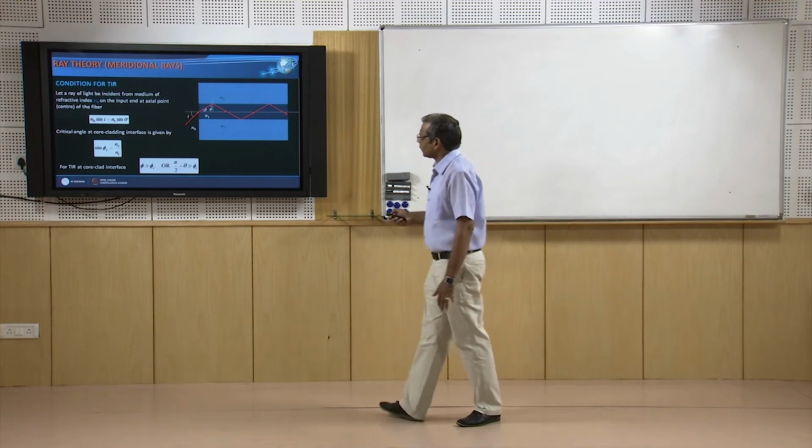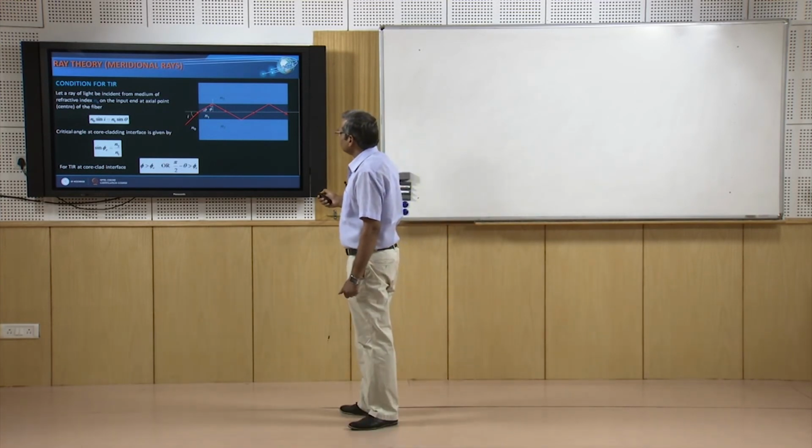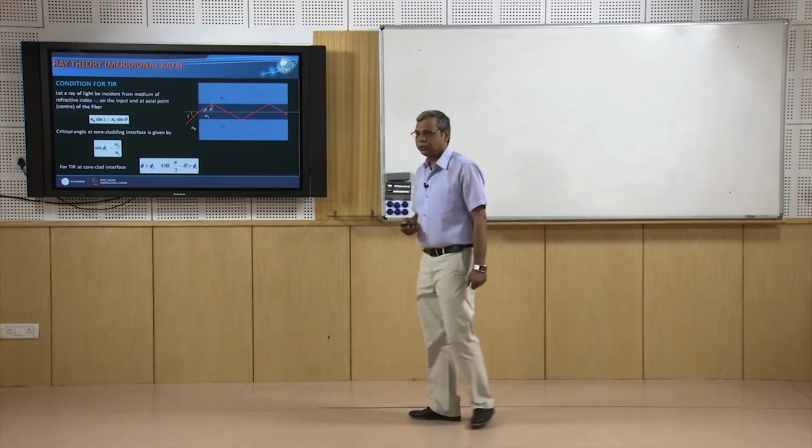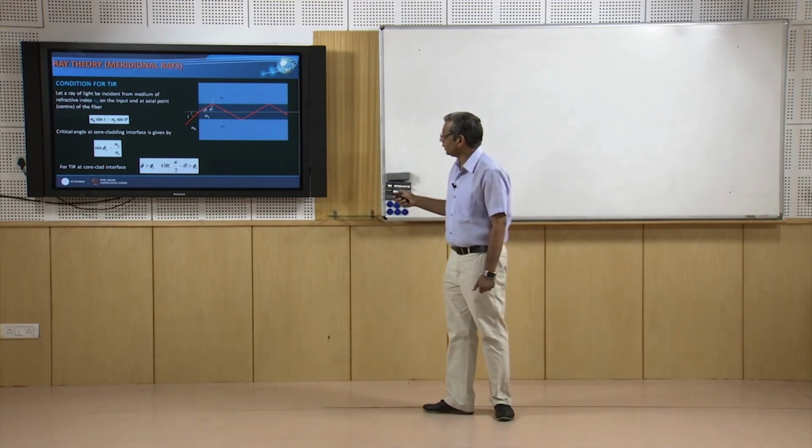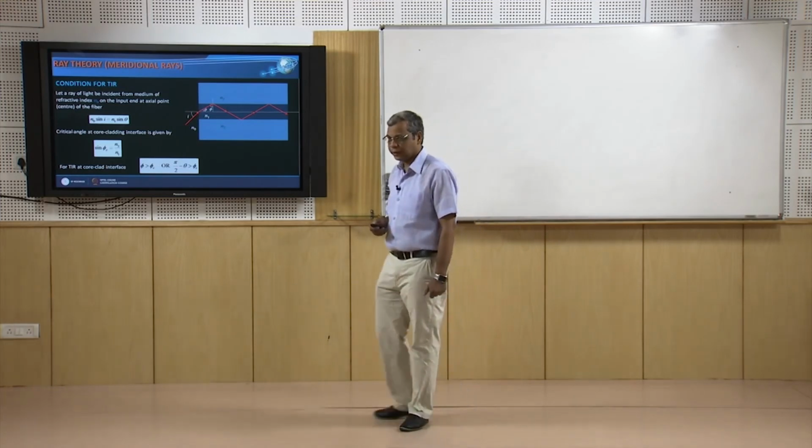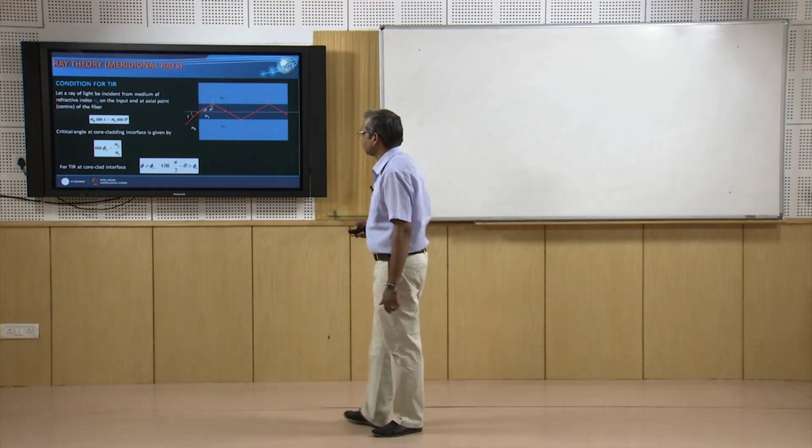So, if pi by 2 minus theta is greater than phi c, then this ray will undergo successive TIR at the core-cladding interface and would be guided.